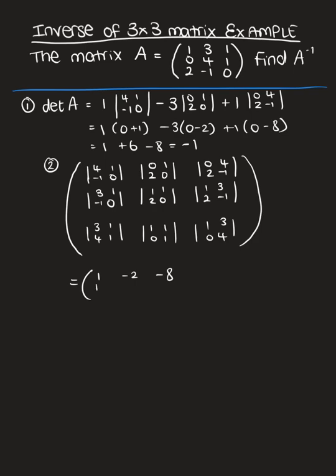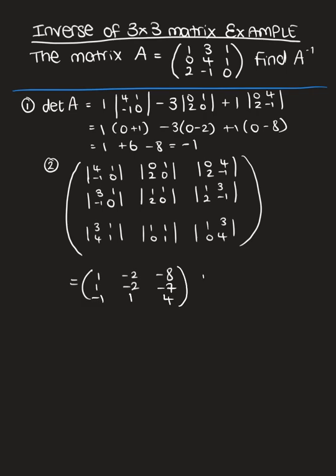It's going to be 0 minus 2. It's going to be minus 1 minus 6, that's minus 7. 3 minus 4 minus 1. That's 1 minus nothing, which is simply 1. And 4 minus nothing is 4. So that is the matrix of the minors.